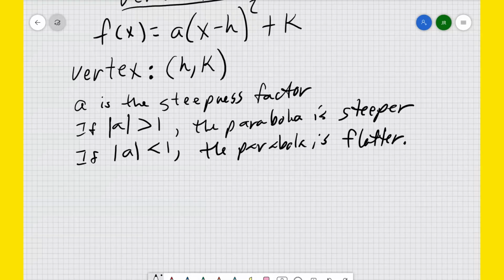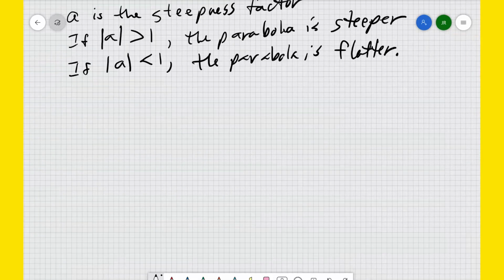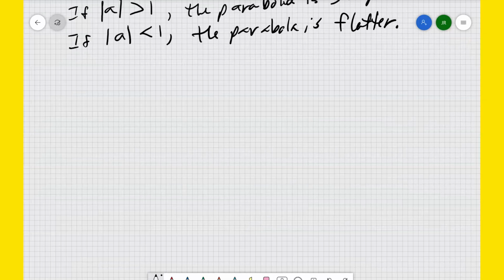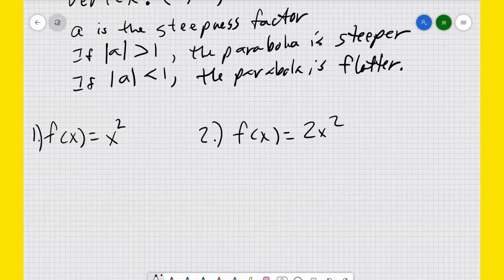Okay, let's do some examples and then I'll try to give you some steps to follow. Let's graph a few of these parabolas. I should say this too.